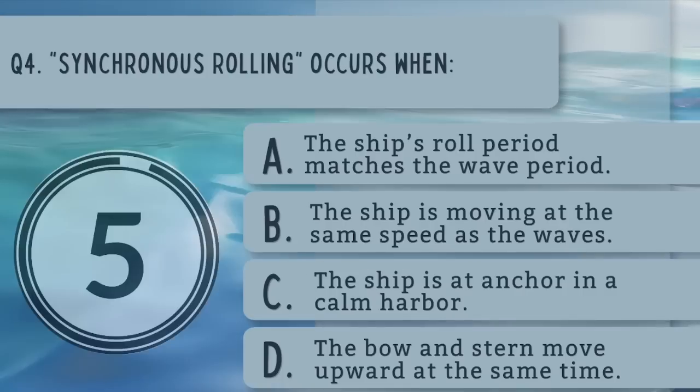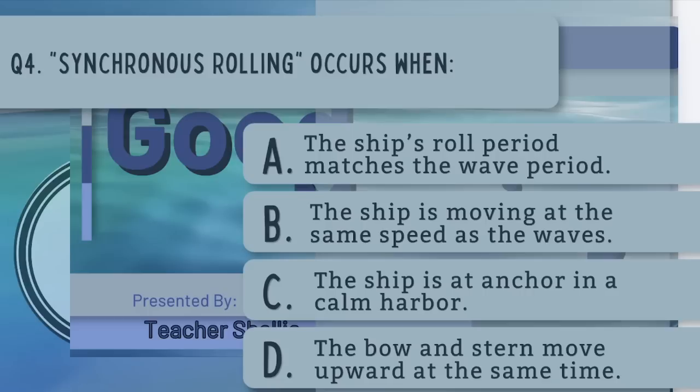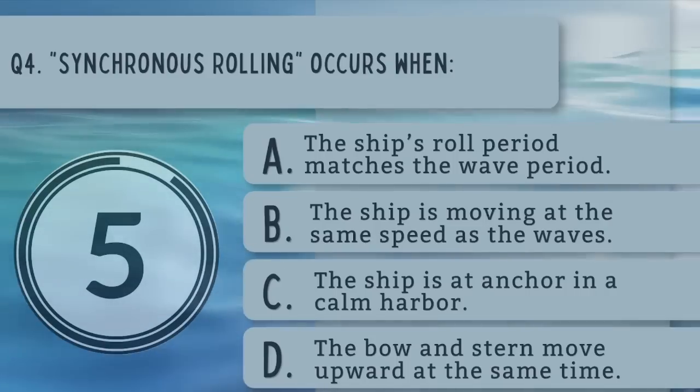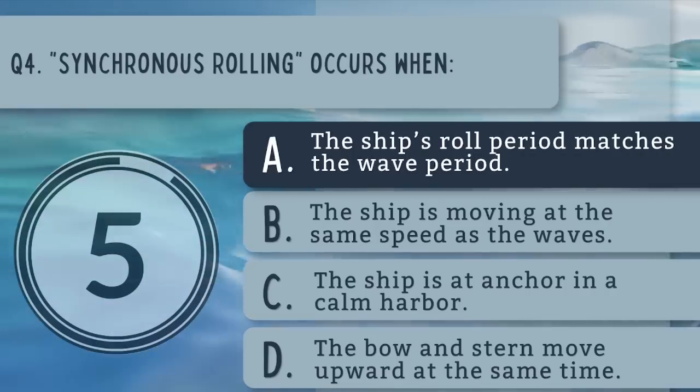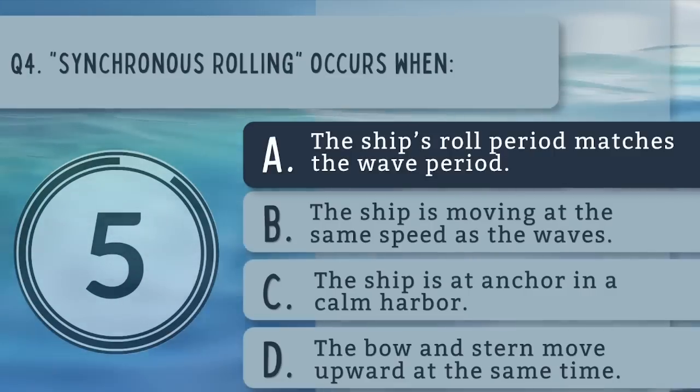So the answer is synchronous rolling occurs when the ship's roll period matches the wave period.